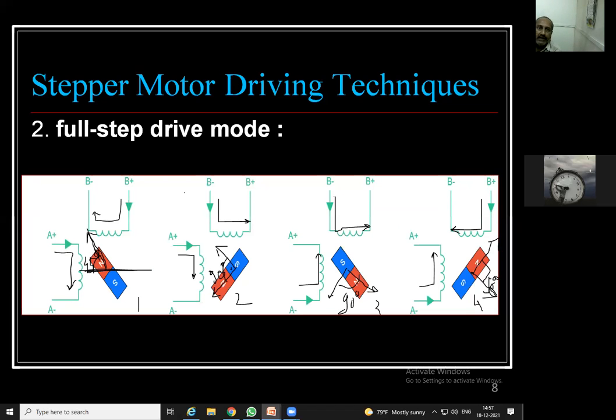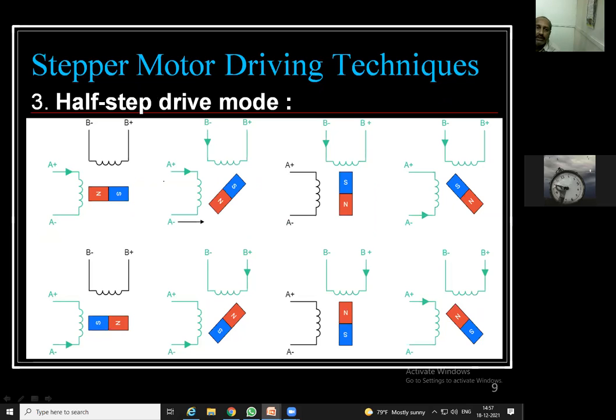So wave drive and full step drive both have 90 degree and 4 steps. But if you go for the third, that is half step drive, here you will observe 1, 2, 3, 4, 5, 6, 7, and 8 steps. That is, it rotates in 8 angles, slowly transferring.